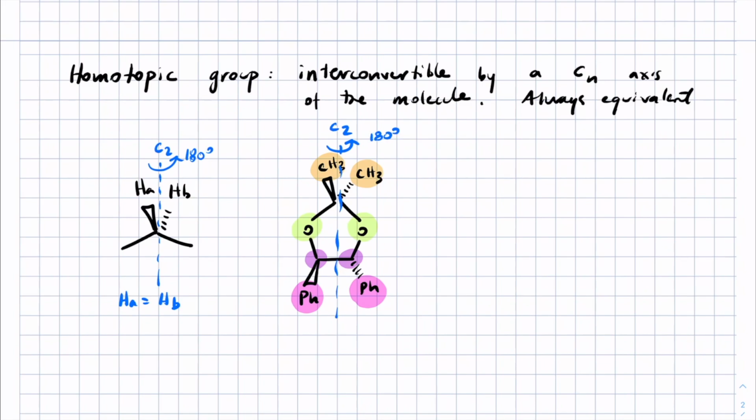Well, so the whole molecule has to have that symmetry. That's why we do symmetry axis of the molecule, right? So if we change this to a methyl group, we break the symmetry. That C2 axis no longer exists, and then those methyl groups are no longer equivalent.